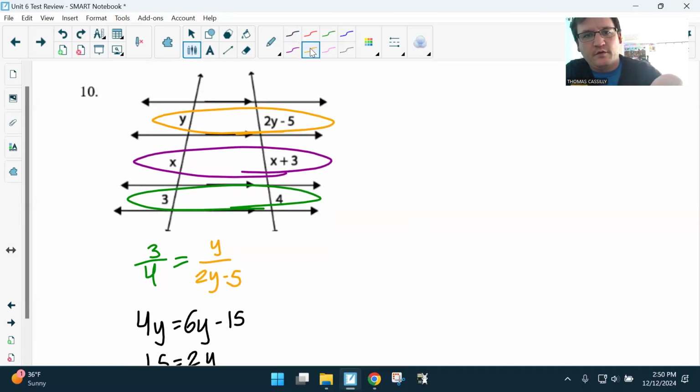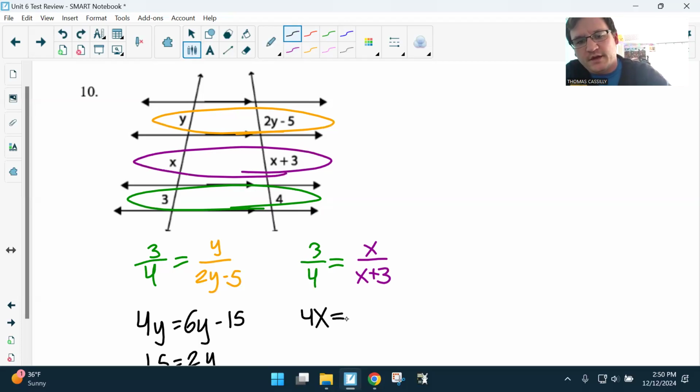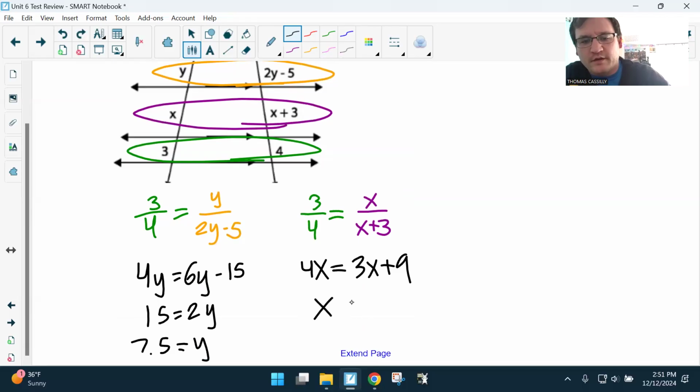I got 3/4 is going to be equal to, let's see here, purple, that's what I need, x over x plus 3. All right. So distributing all out, I got 4x again. This time I got 3x plus 9. All right. Subtract 3x over, I got x equals 9.